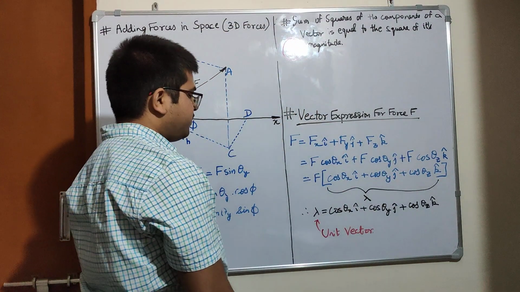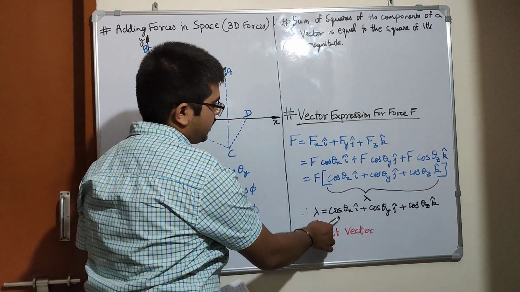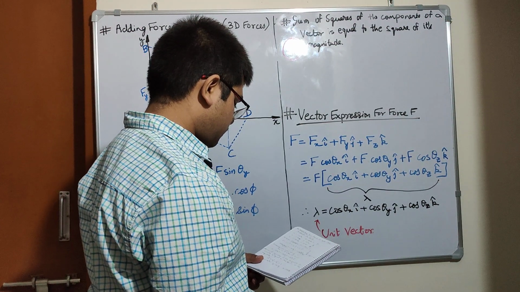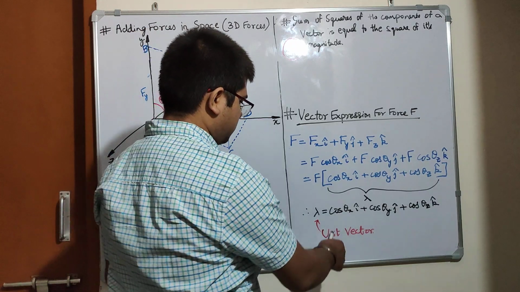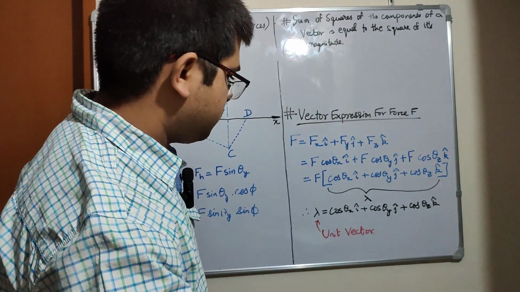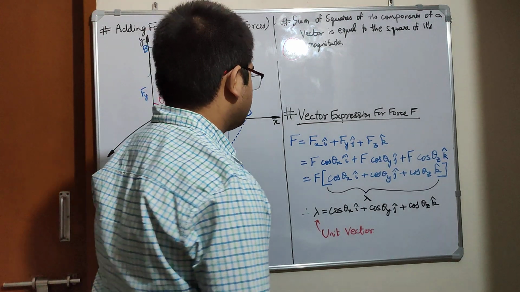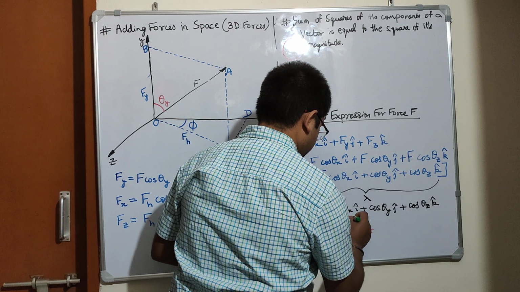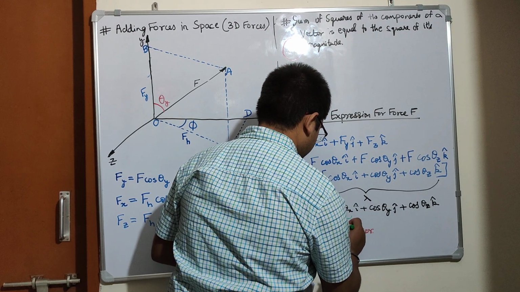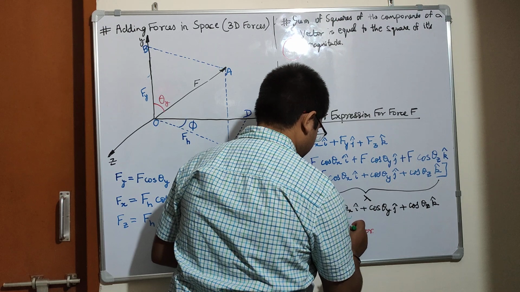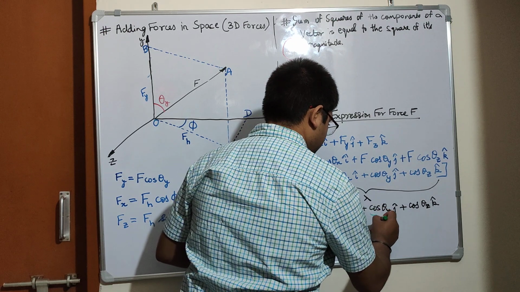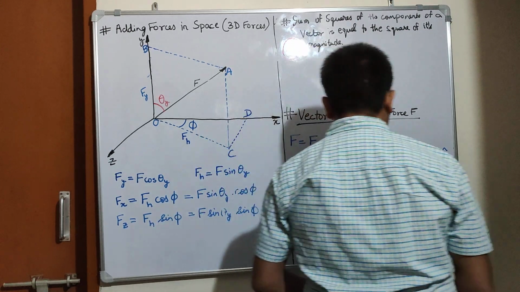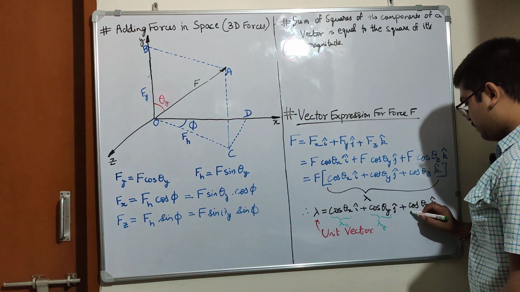That is, if we square lambda x, cos theta x, this is lambda x, this is lambda y, and this is lambda z.